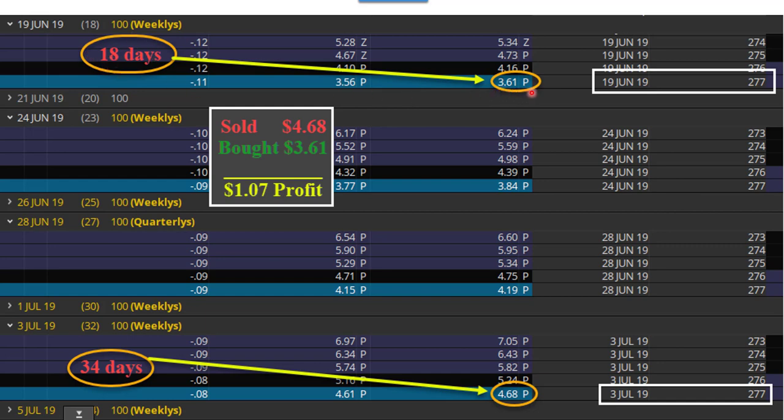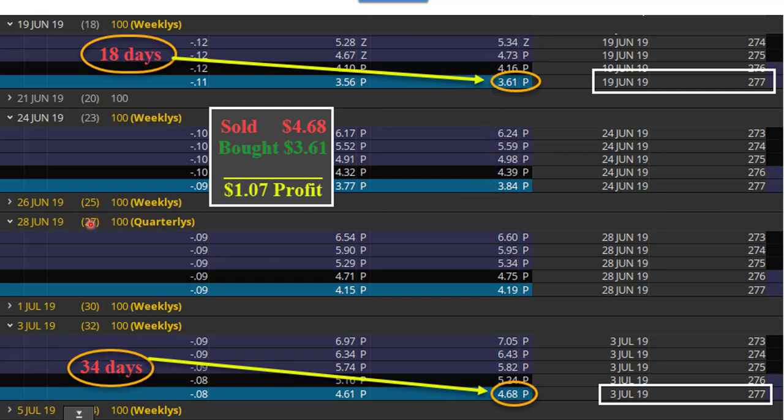Well, it would be worth $3.61 if the price of this market didn't change. All right, so at 18 days, the 277 is worth $3.61. The 277 with 23 days to expiration is worth $3.84. So we gained around 23 cents here.